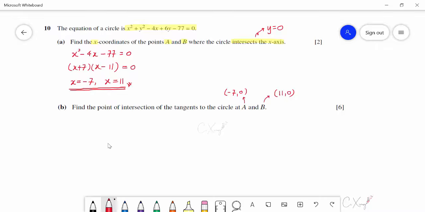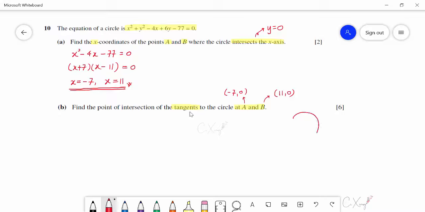To find the point of intersection of the tangents, first we need to know the tangent at A and B. After that, only then can we find the intersection between these tangents. So now we focus on the tangent first.